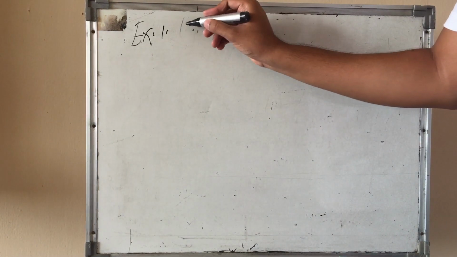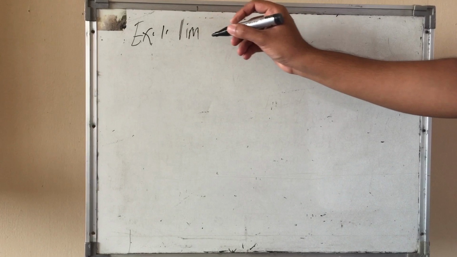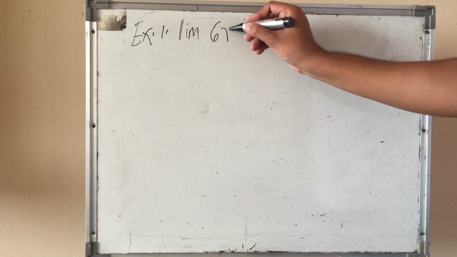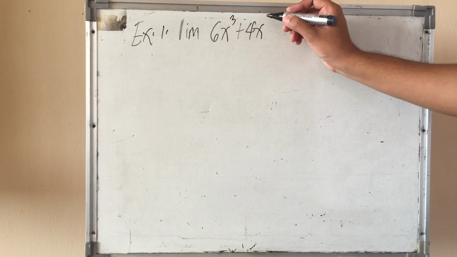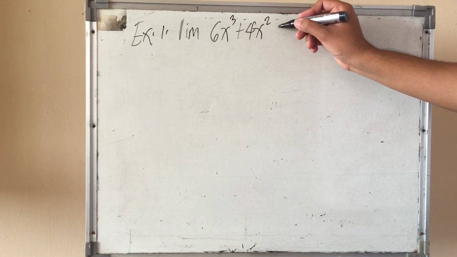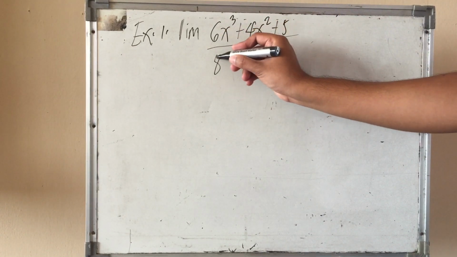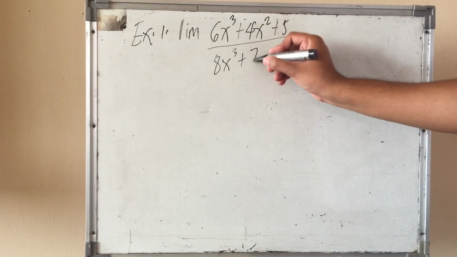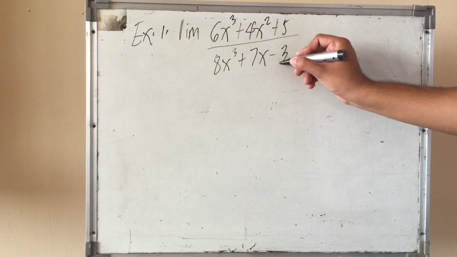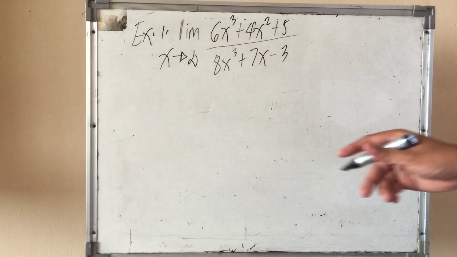So example 1, find the limit of 6x cubed plus 4x squared plus 5 divided by 8x cubed plus 7x minus 3 as x approaches infinity.